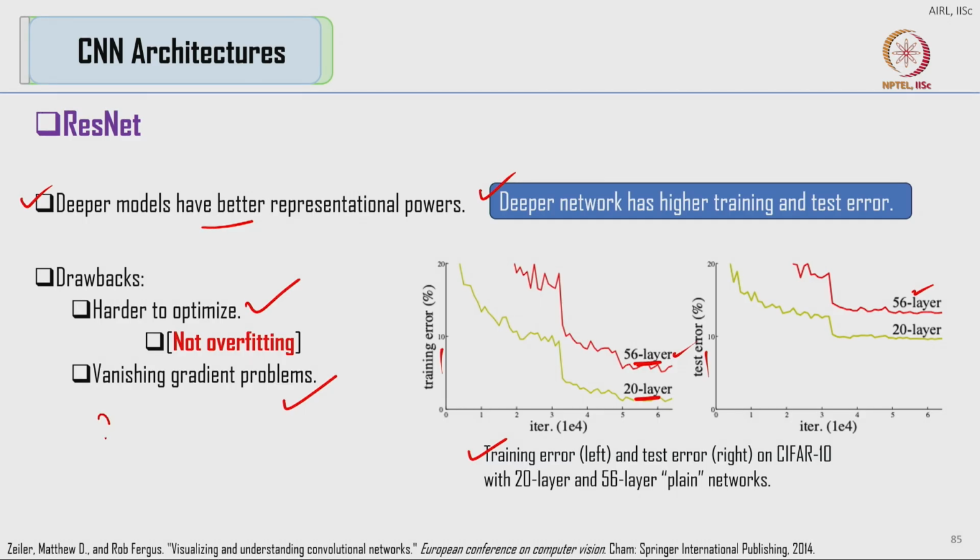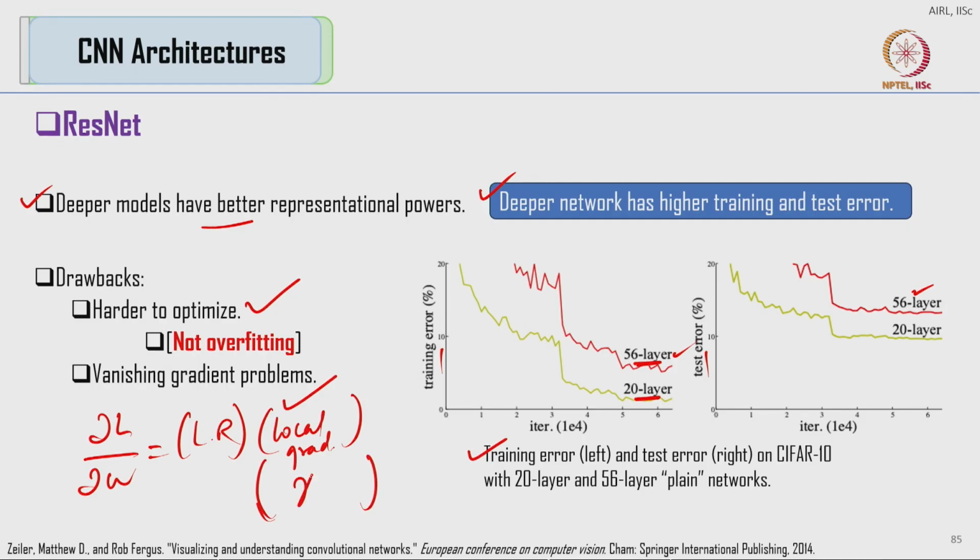When we look at ∂L/∂W, it essentially looks at the gradient update, right. It is multiplication of the learning rate, multiplication with respect to the local gradient, and multiplication of the input xi. Now the local gradient actually depends on the gradient of the deeper layers.